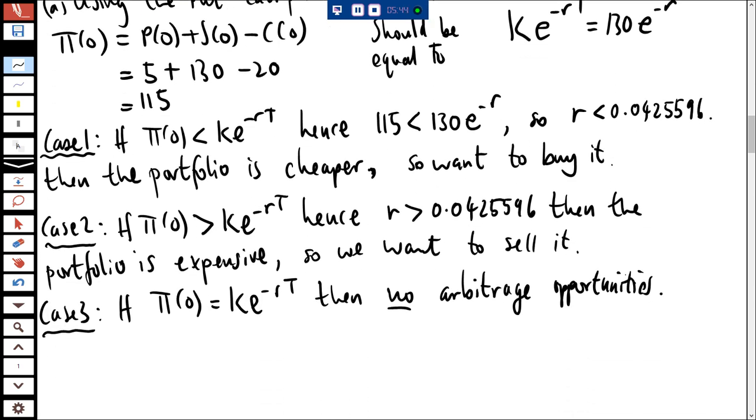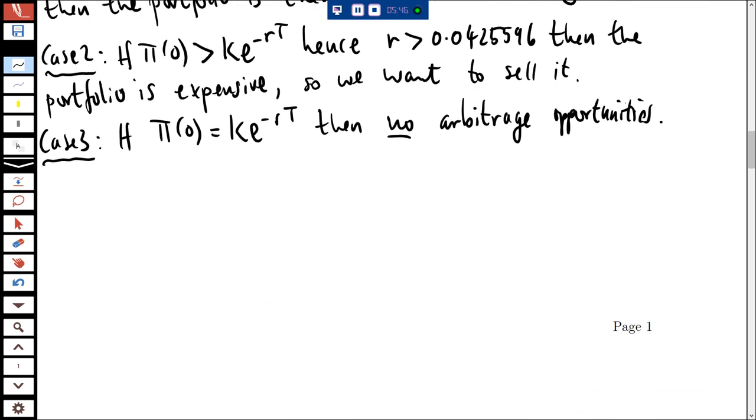Okay, so let's take a look at the first one. Suppose the interest rate is 3%. I've done everything as decimals, I'll keep it as decimals. So in this case, this fits into the first picture, case 1.